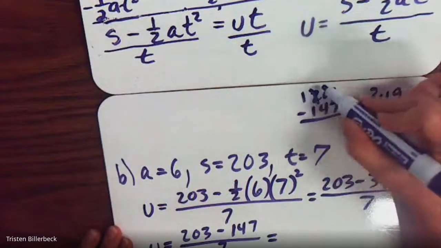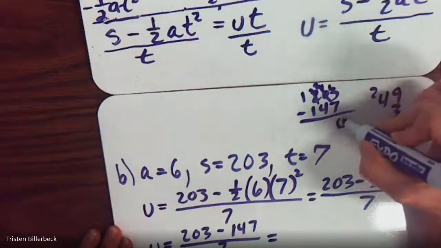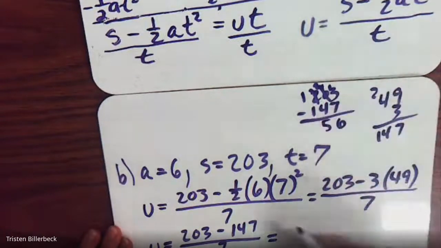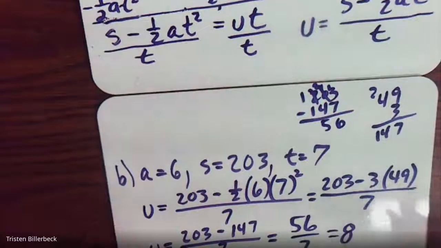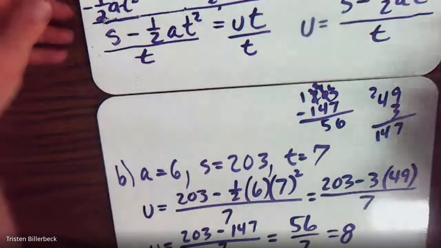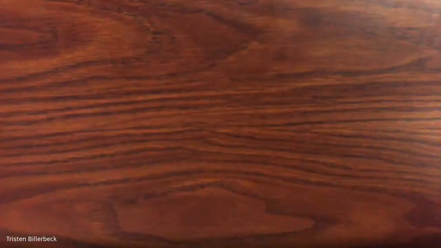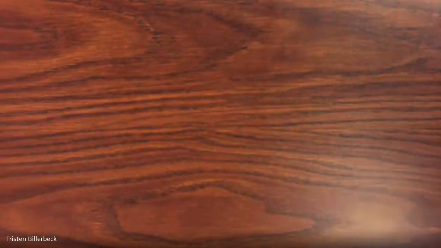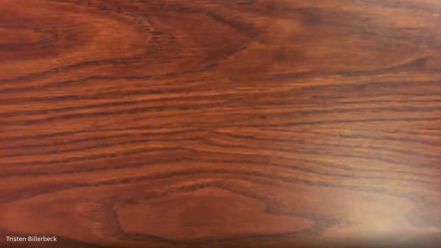We borrowed 1, we had a 10, took 1 away, that's a 9. So we have 56. 56 over 7 is 8. So U was 8. That's just changing the subject around from one formula to another. Let's get that in order so that doesn't happen again.